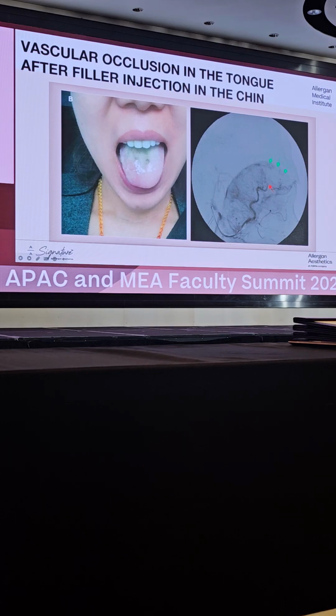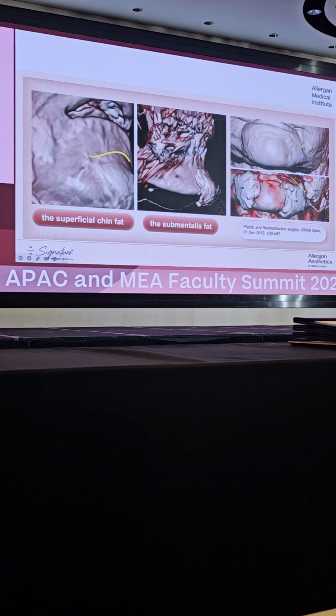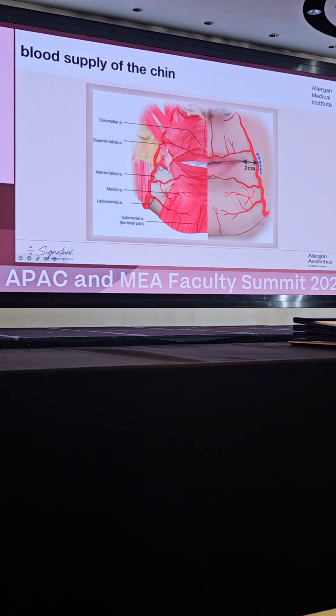To understand the mechanism, of course, we need to show our injectors the basic anatomy, such as the muscle and also the fat compartment in the chin area. But in the same way, we also need to tell them what the vasculature is like in the chin area. In a general situation, the chin area is supplied mainly by two ascending submental arteries.